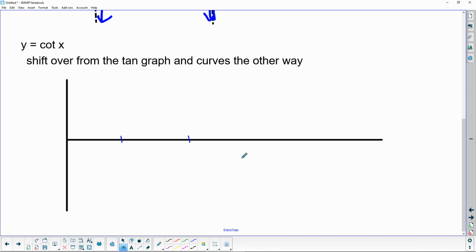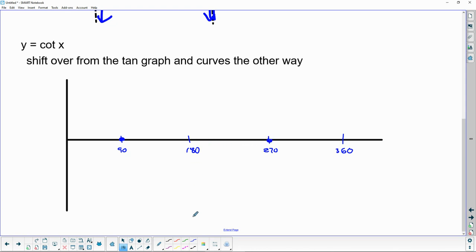90, 180, 270, 360. Okay, so with the cotan graph, our intersection points are at 90 and 270.